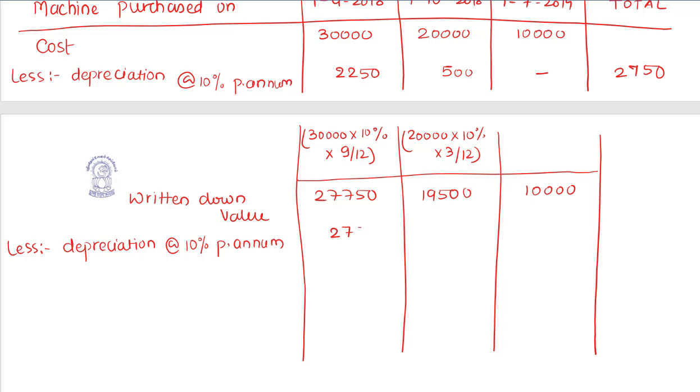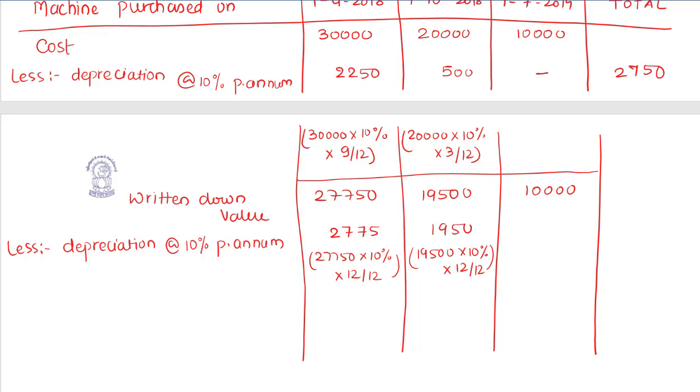Over here it would be 2775. Over here it would be 1950. Let us show the calculation. 27,750 multiplied by 10% for the whole year, so 12 by 12. And over here 19,500 into 10% into 12 by 12, 1950.